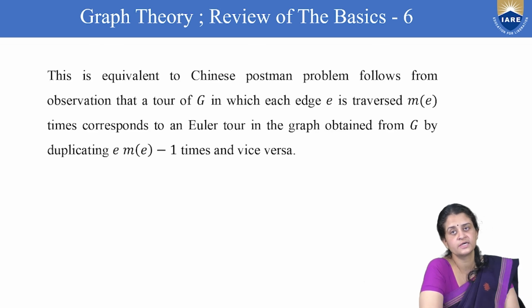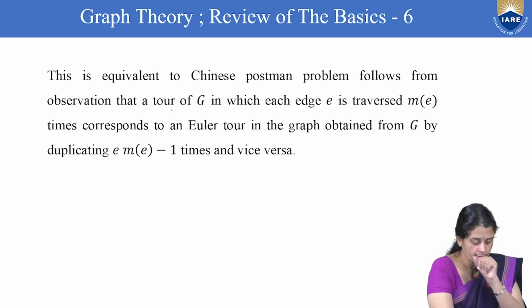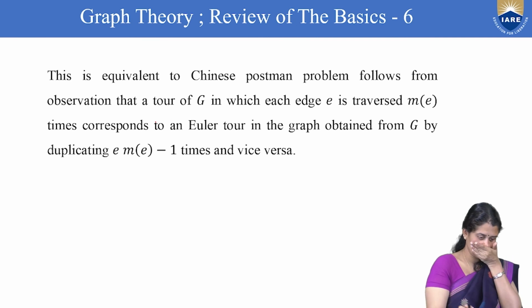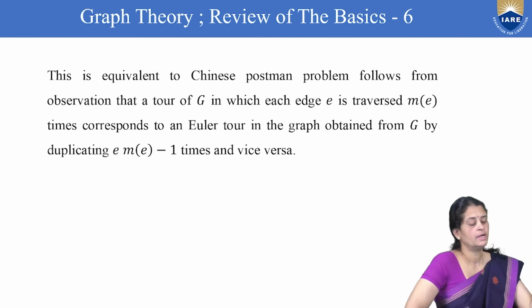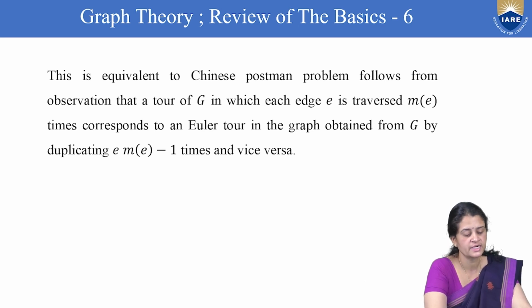So the Chinese postman problem follows from the observation that a tour of G in which each edge E is traversed m times corresponds to an Euler tour in the graph obtained from G by duplicating E m minus 1 times.